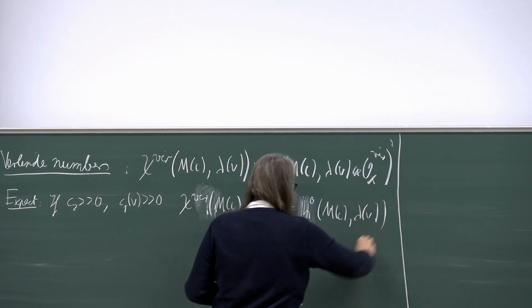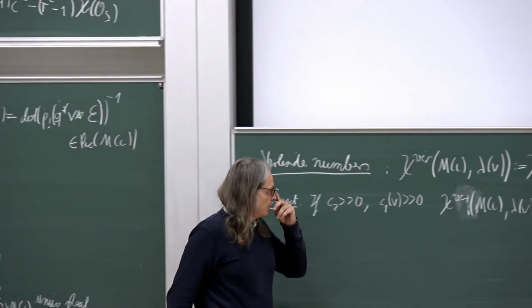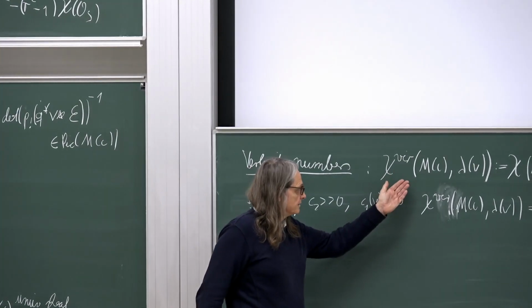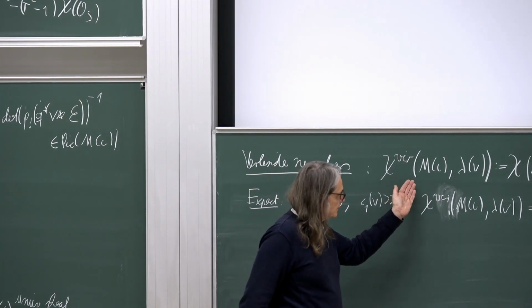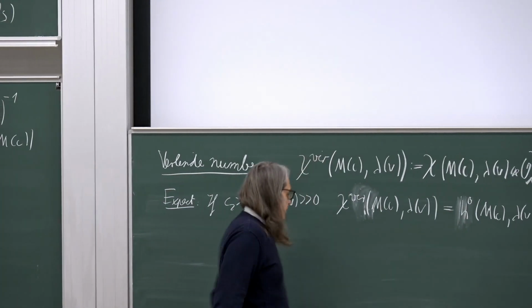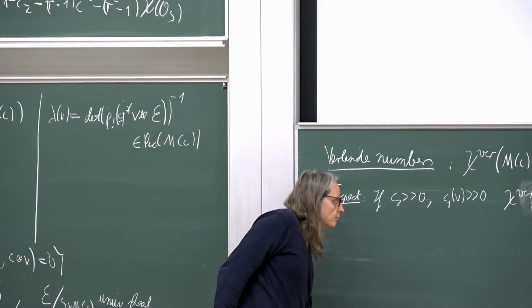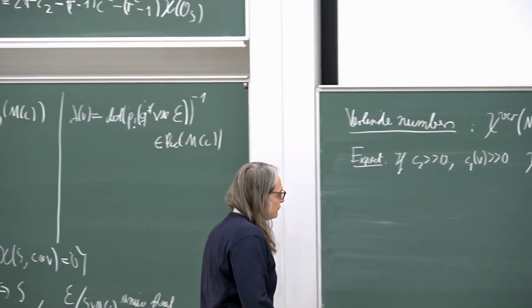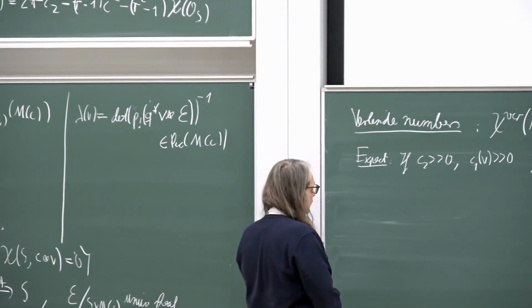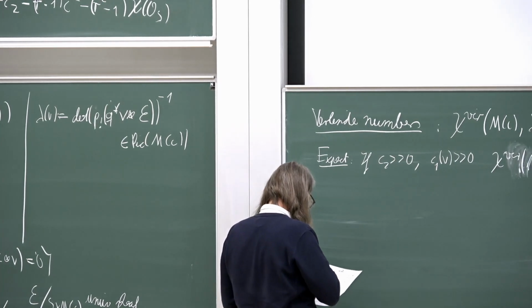But we don't really care, because the moduli space will be generically smooth of the expected dimension, and one expects no higher cohomology, but it doesn't matter. We compute this virtual holomorphic Euler characteristic, which is always one.